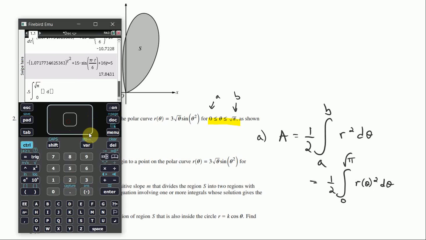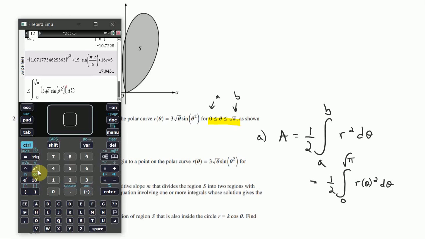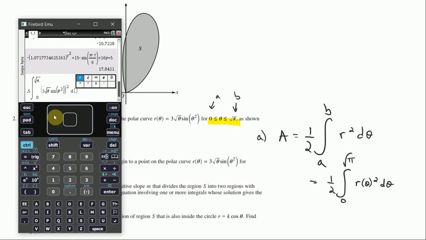And it's of this r of theta, which we have right here, is going to be 3 rad theta sine of sine theta squared, and then all of that squared d theta.